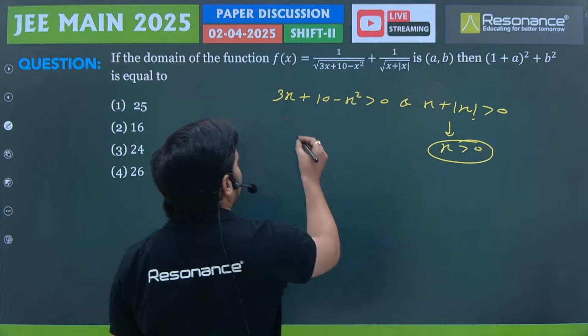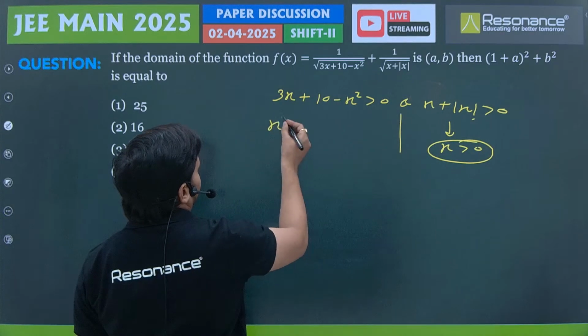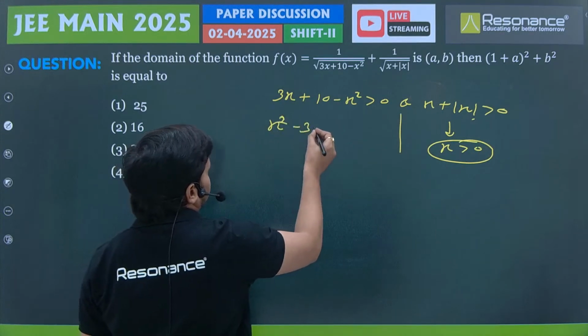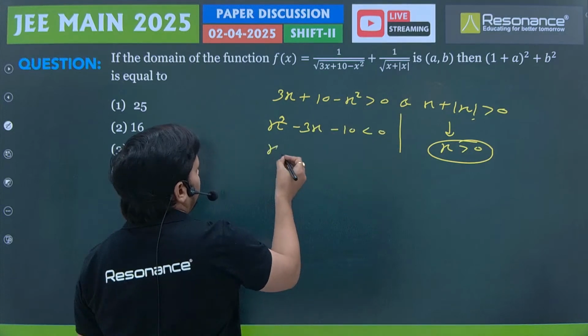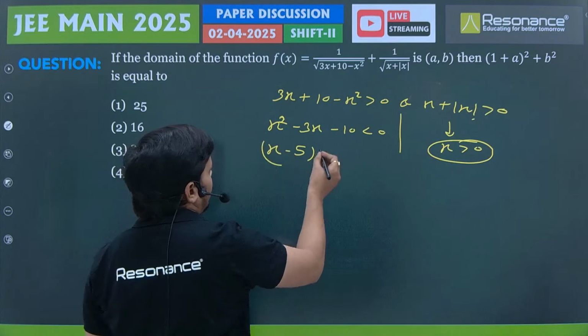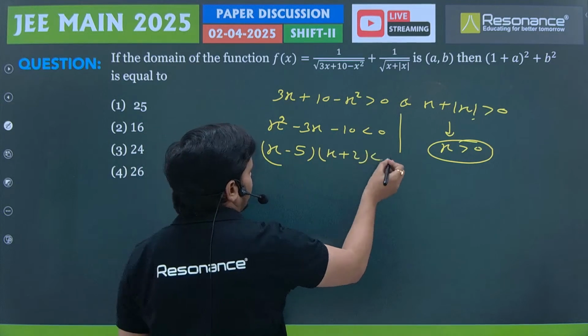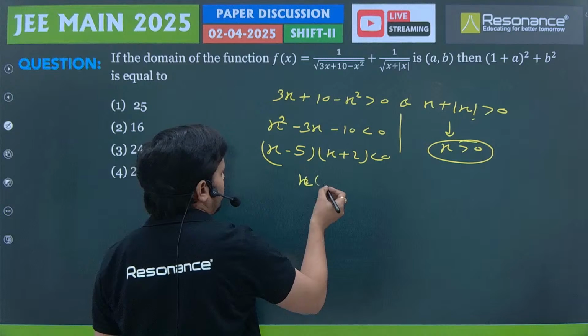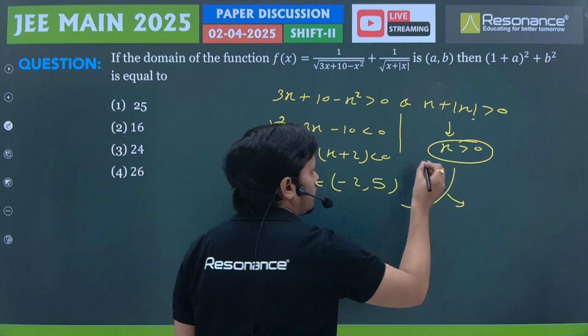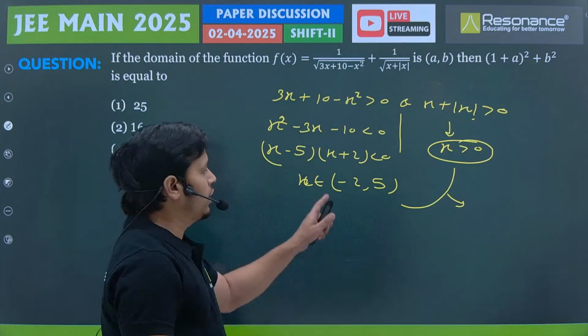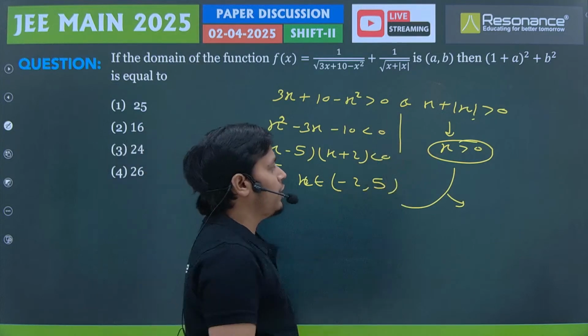Now here, if we take minus common, what we are getting is x square minus 3x minus 10 less than 0. Then if we factorize, (x minus 5) into (x plus 2) less than 0, so x belongs to (minus 2, 5). We will take the intersection of both. So here minus 2 to 5, and the value needs to be positive.